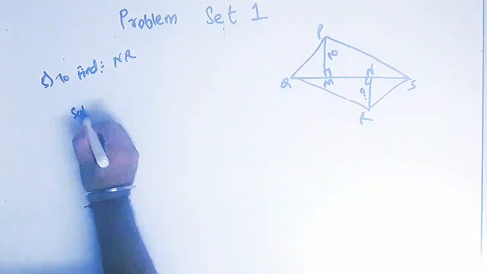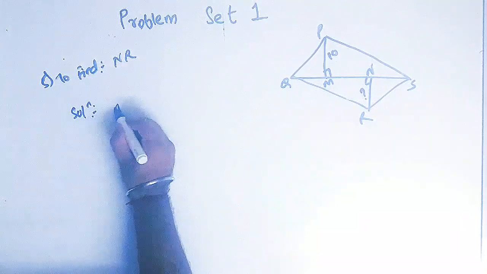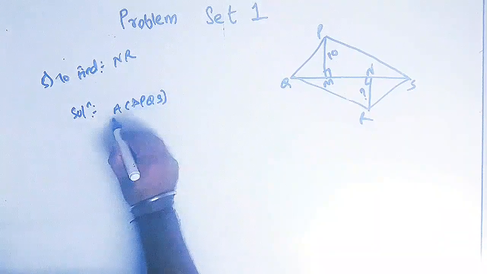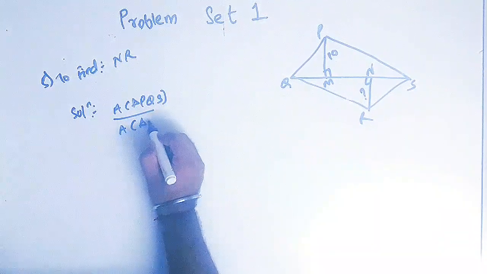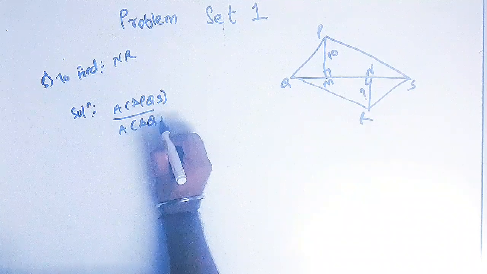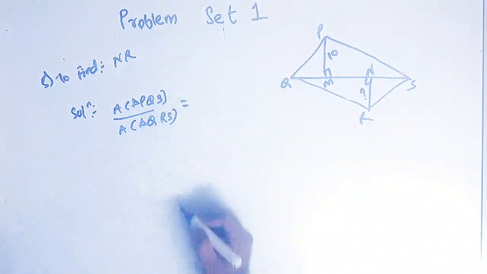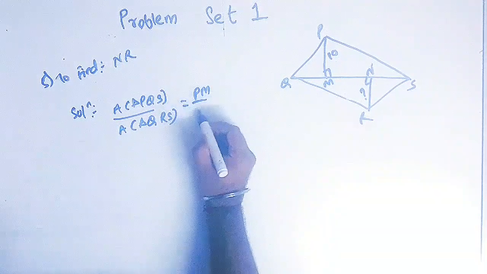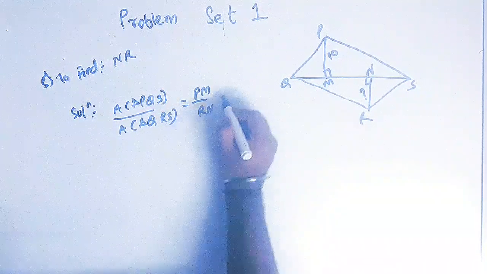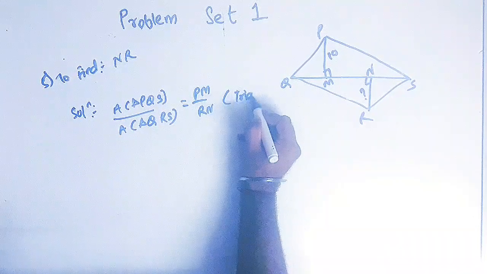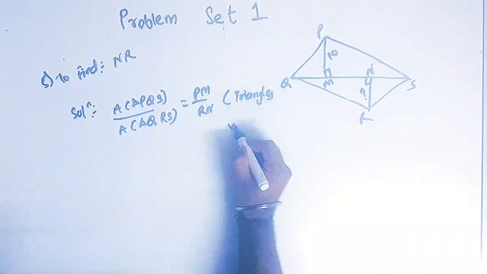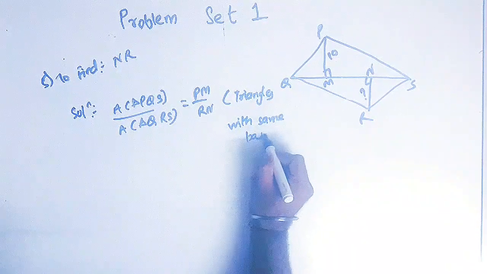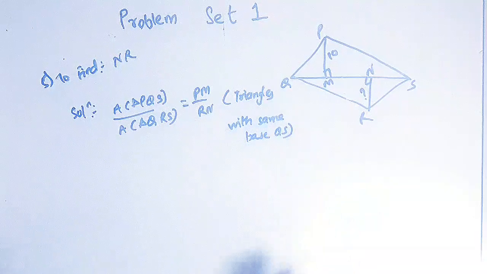Okay, so I'll write area of triangle PQS upon area of triangle QRS equals to, I'll write PM upon RN. Why? Because they are triangles with same base. You can write here QS.